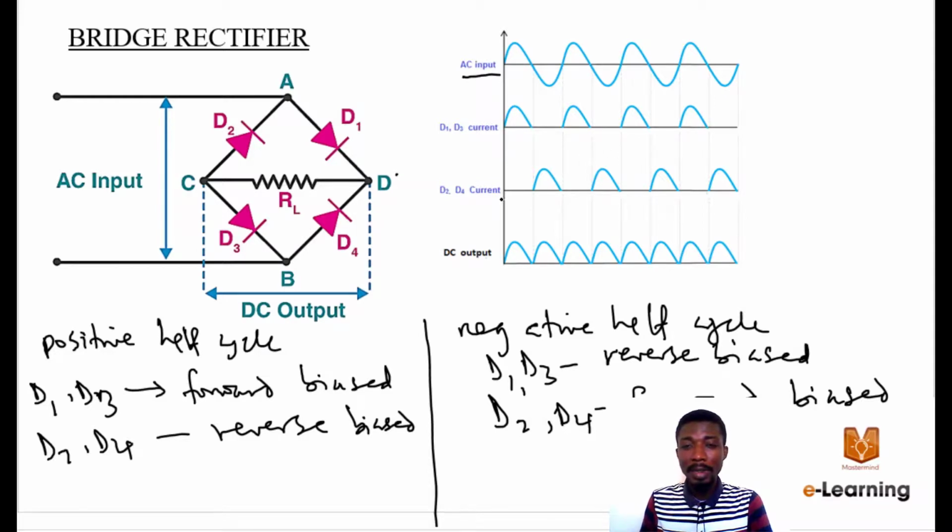Now, in the negative half cycle, D1 and D3 are blocked, but D2 and D4 are now producing current in that direction. When you combine these two, you are going to have such a waveform. But once again, the total DC output is pulsating, has ripples, and so the ripple has to be removed. It can be removed once again by using a filter, your capacitor in the circuit.